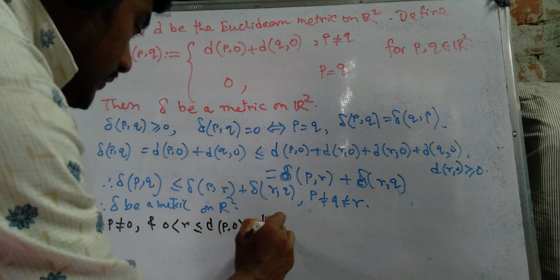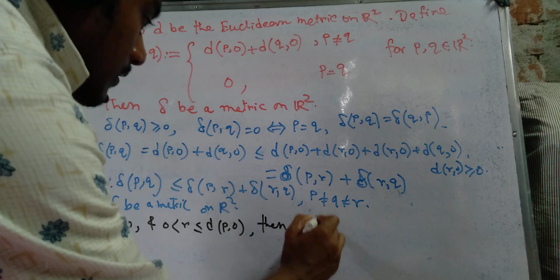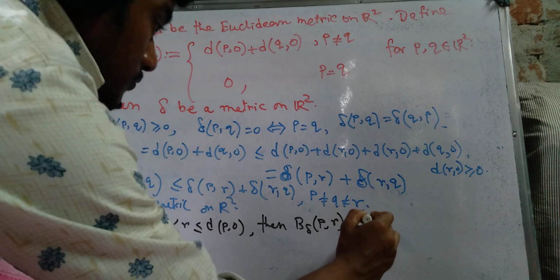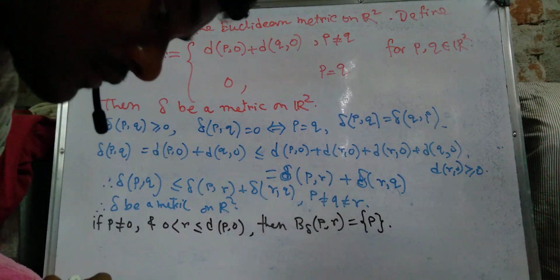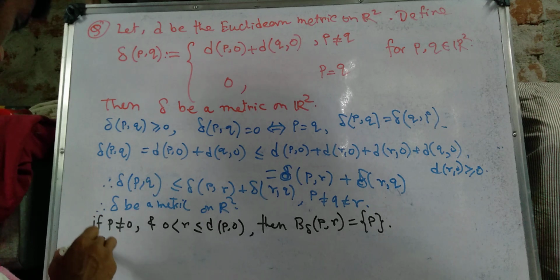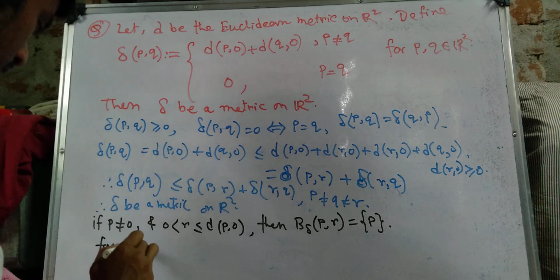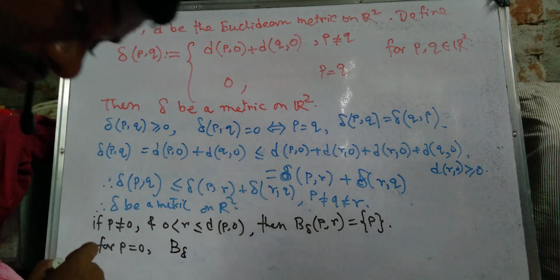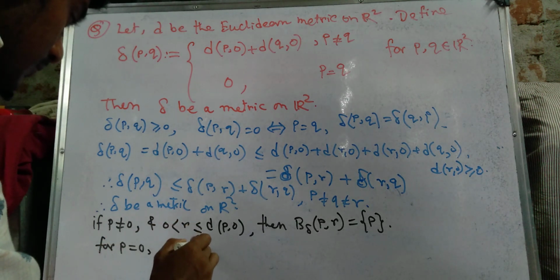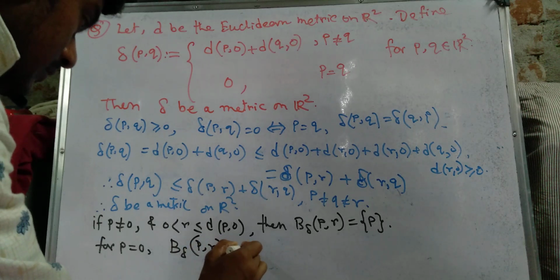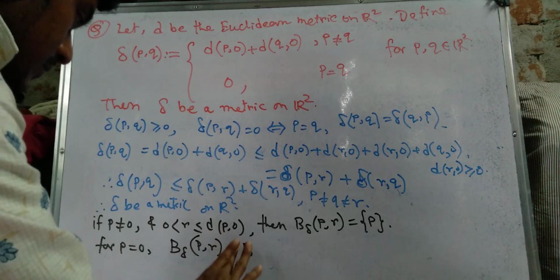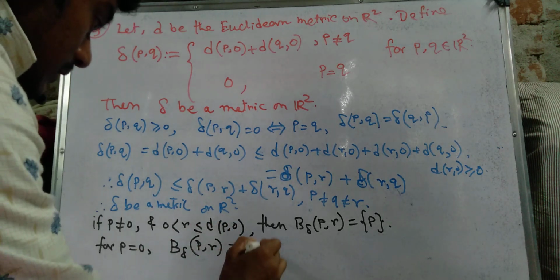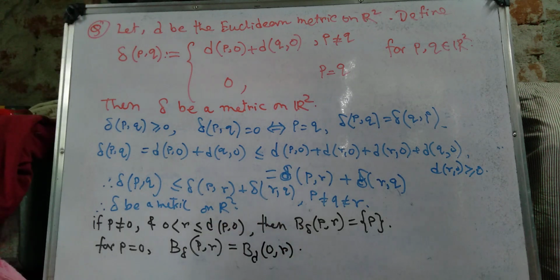then B_delta(p,r) equals the singleton {p}, and for p equal to 0, B_delta(0,r) equals B_d(0,r).